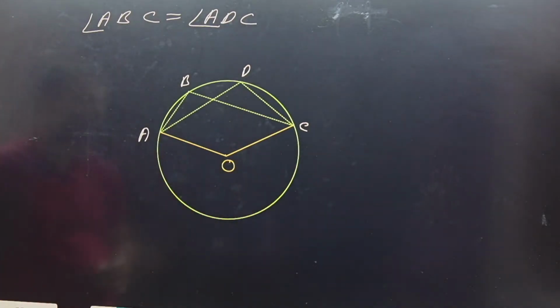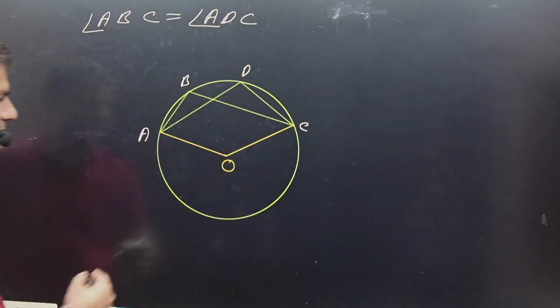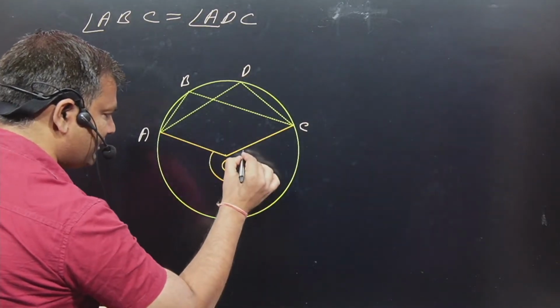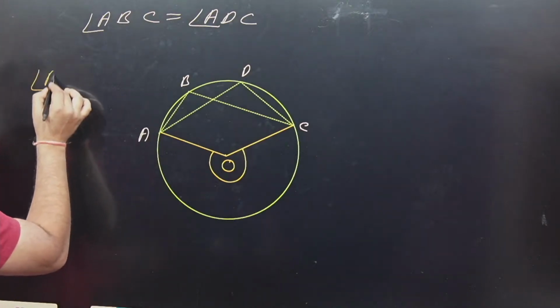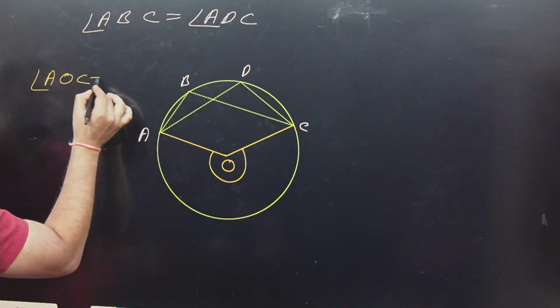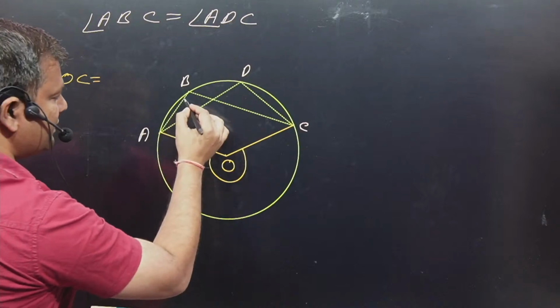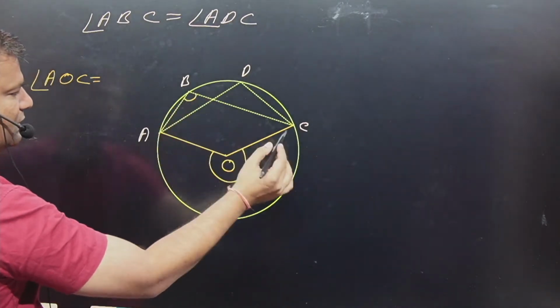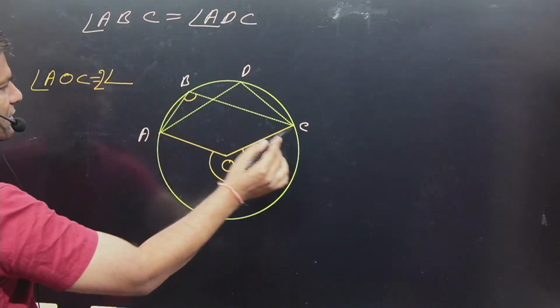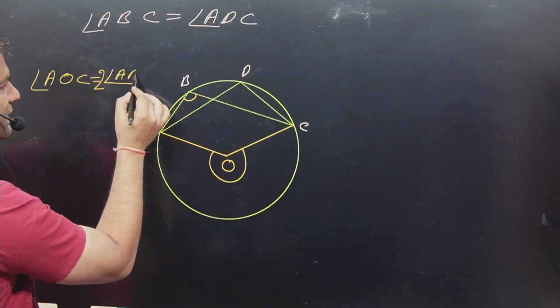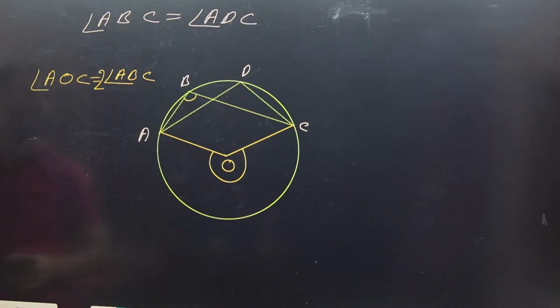Clear? So now, according to the definition from the previous class, angle AOC will be equal to 2 times angle ABC. Clear or not?